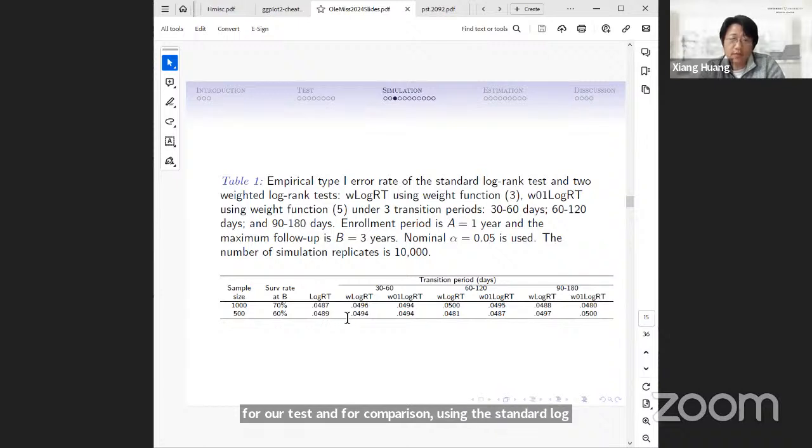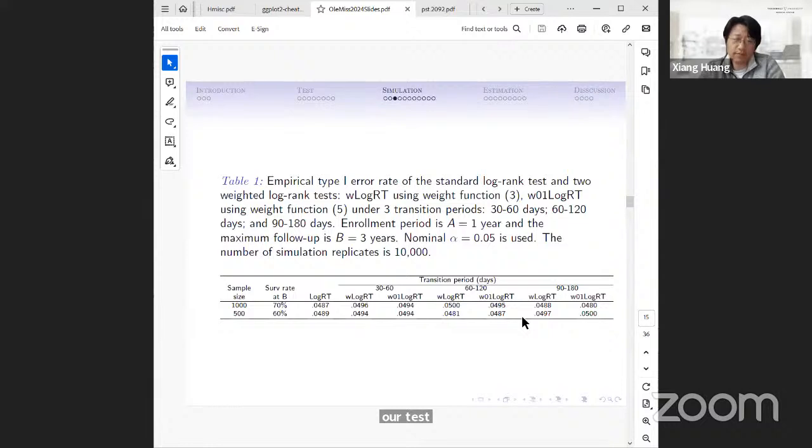Theoretically, they should be close to 0.05, because the nominal alpha is 0.05. That assures us at least that our test and the standard log-rank test behave normally.